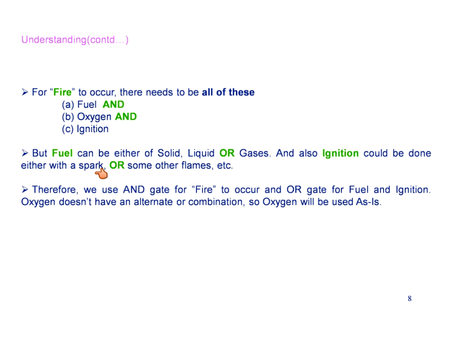Also, the ignition could be caused either by a spark or some other flames or some mistakes. There may be a chance of ignition. Therefore, we use an AND gate for fire to occur and an OR gate for fuel and ignition. Oxygen does not have an alternate or combination, so oxygen will be used as is.